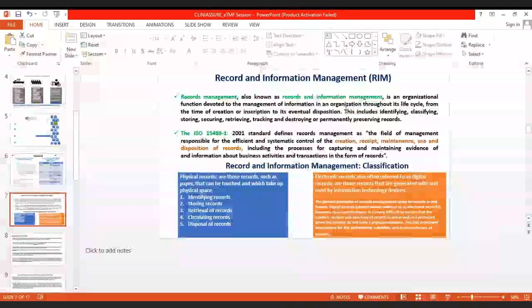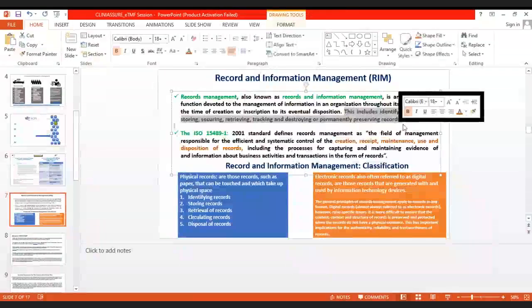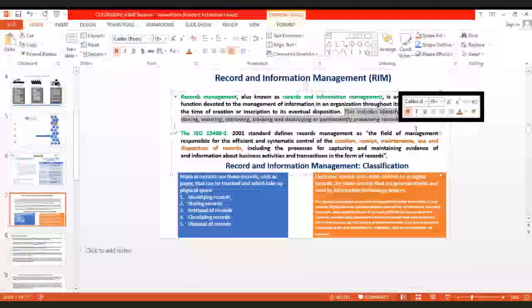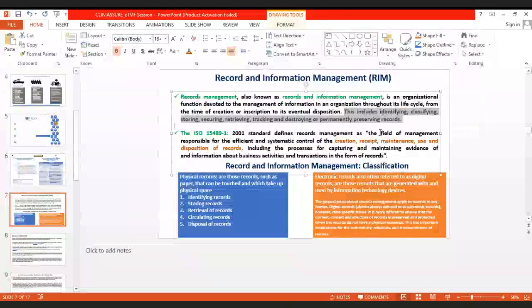What is the last line? This includes identifying, classifying, storing, securing, retrieving, tracking, and destroying or permanently preserving the records. Any question on the last line? I'll tell you how it works.